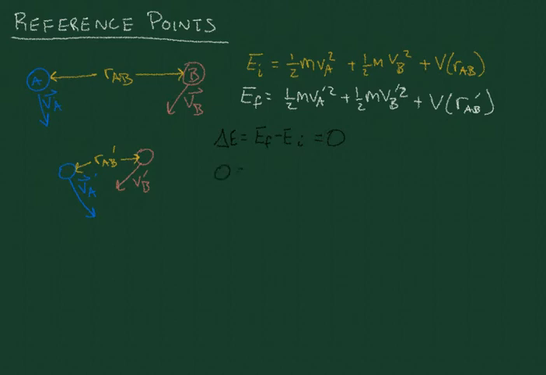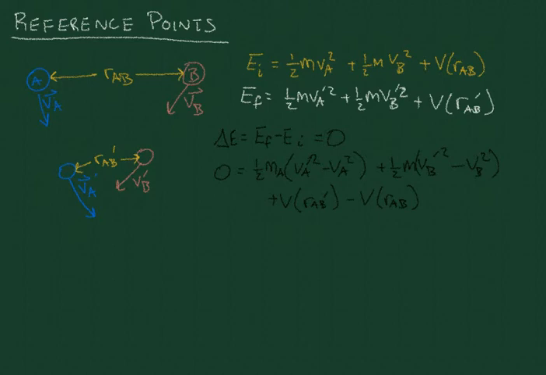So 0 is equal to 1/2 m (VA prime squared minus VA squared) plus 1/2 m (VB prime squared minus VB squared), plus V(RAB prime) minus V(RAB).